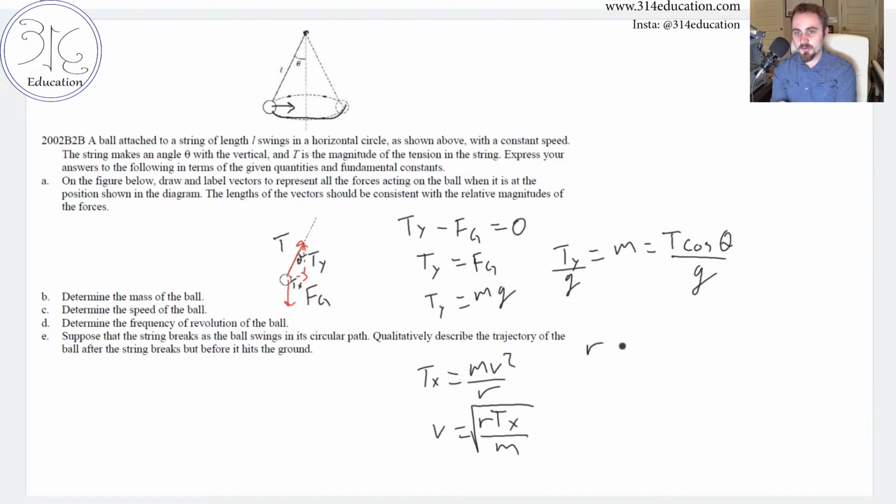Our radius is going to be on this side here, opposite our angle theta, to our hypotenuse of L. So r over L is going to be the sine of theta. This is our opposite over hypotenuse, giving us that r equals L sine theta.